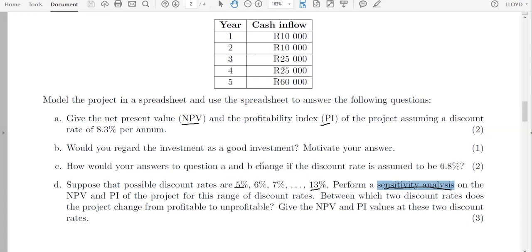Then you want to see how these changes in the discount rates are going to affect the NPV and the PI calculations. And then between which 2 discount rates does the project change from profitable to unprofitable? Give the NPV and the PI values at these 2 discount rates. So that is the whole question. It's always good to read out the whole question before you start doing anything. It's just a good norm.